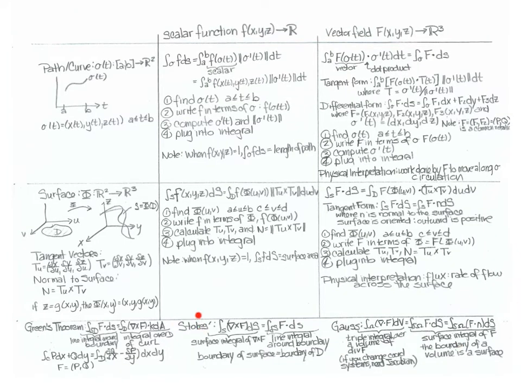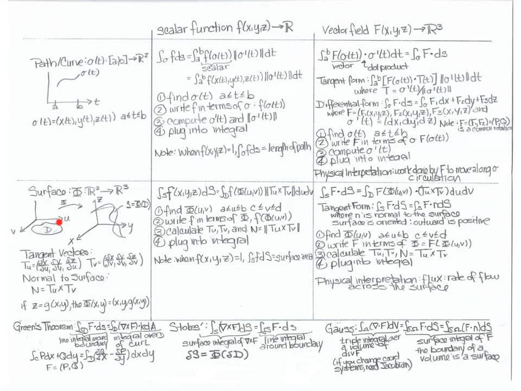To see why I say Stokes' theorem is a generalization of Green's theorem: they both relate the line integral around a boundary, and in this case they're both line integrals in the flat plane of domain D. In Green's theorem, it relates it to the integral over the interior of our boundary, or D, over all of D. Whereas in Stokes, it relates it to the curl over the entire surface.